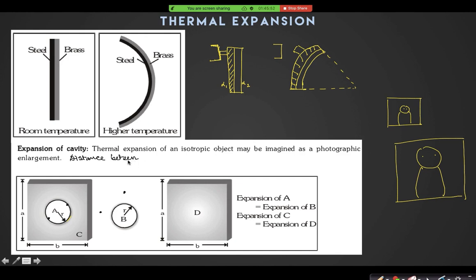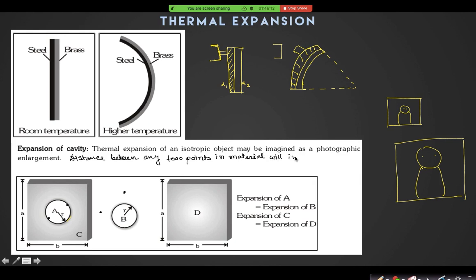If there is a sheet with a circular hole of considerable radius and we increase the temperature, the hole will also increase.